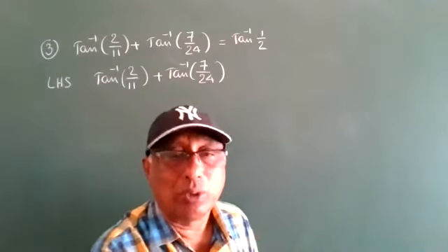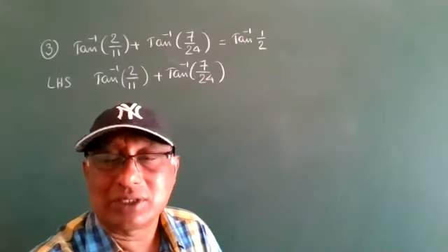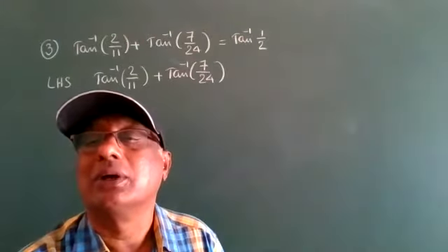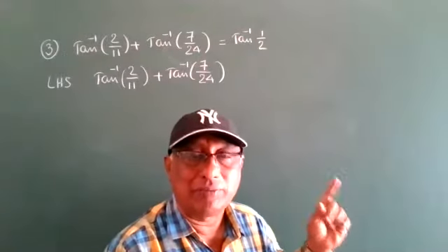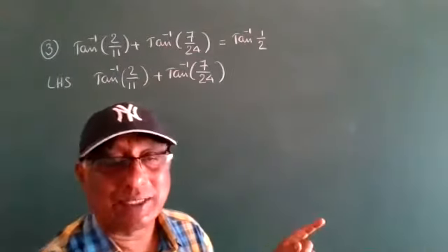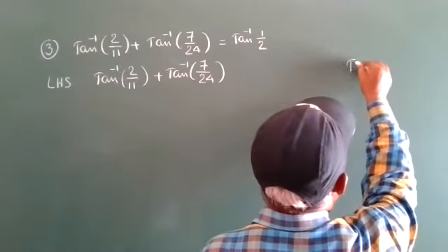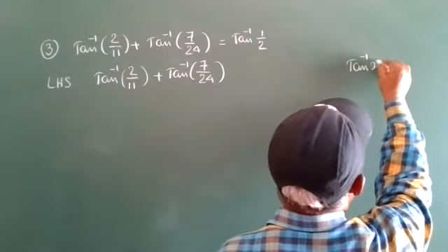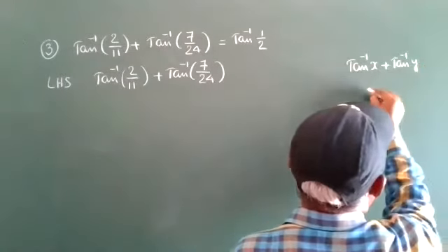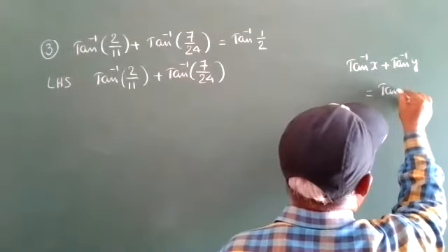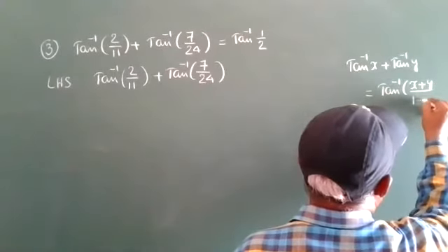We have to discuss the properties of the inverse trigonometric functions. The property is: tan inverse of x plus tan inverse of y is equal to tan inverse of (x plus y) by (1 minus xy).